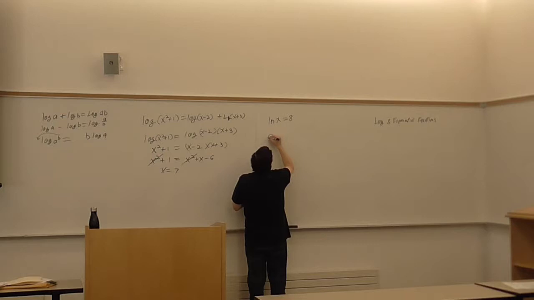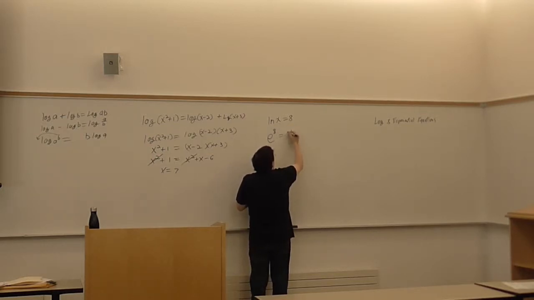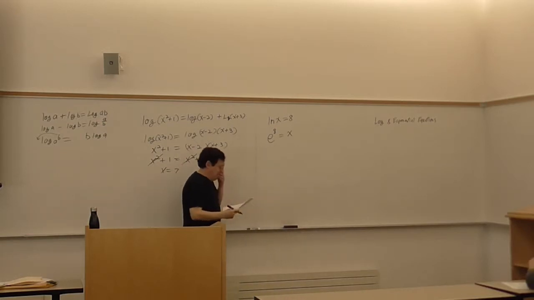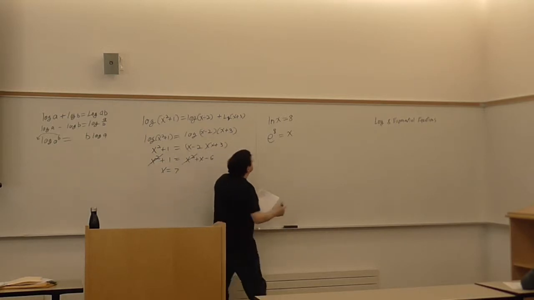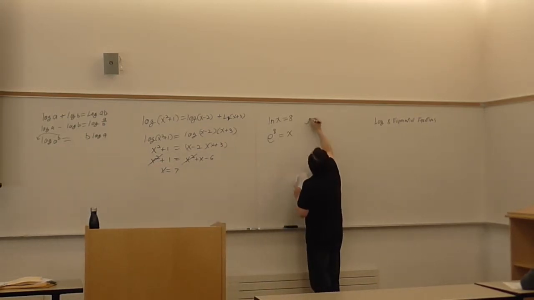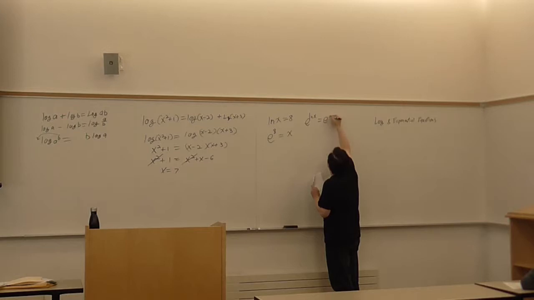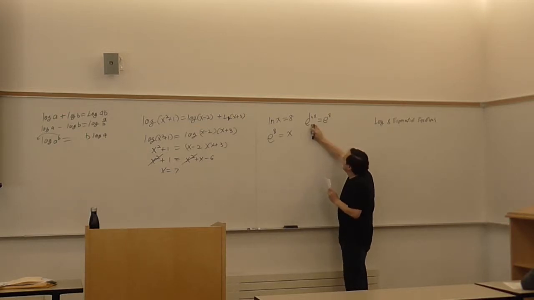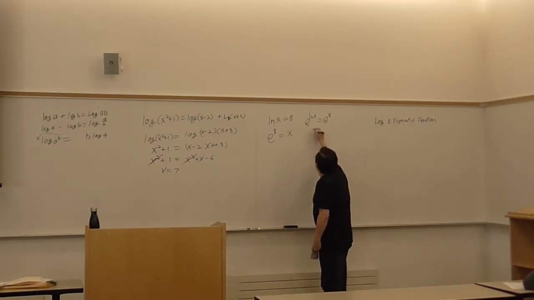The base here is e, the exponent is 8, and here's my x. I can also take an intermediate step, raise both sides as powers of e. But e raised to the natural log of x, that's applying a function and its inverse. So that's, of course, just x, and I get the same thing.